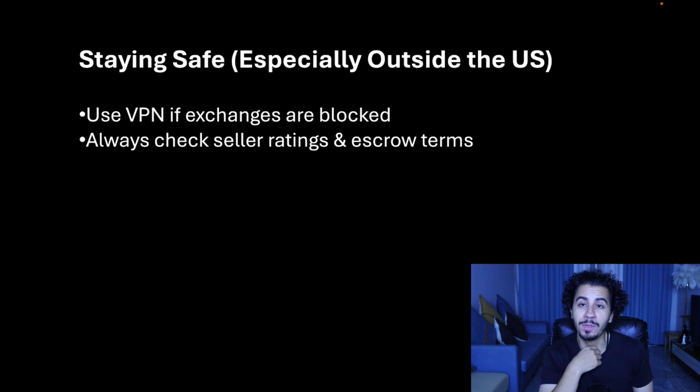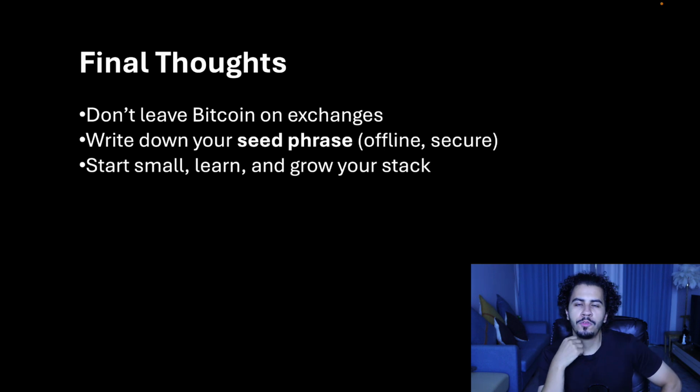Staying safe, especially outside the US. If you are in a country that blocks some of these exchanges, like Binance, you can use a VPN, and always check the seller's ratings and escrow terms. So, final thoughts: don't leave Bitcoin on exchanges. When you buy through Binance or any other exchange, withdraw right away to your non-custodial wallet, your hardware wallet.